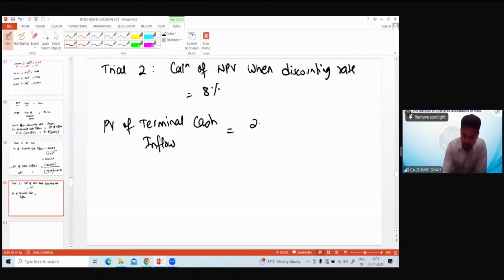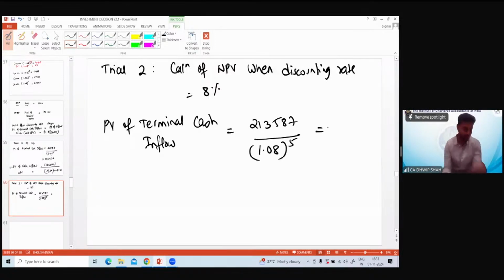Now the discounting rate is 8%. 213,587 divided by 1.08 raised to 5. How much is it? It comes to 145,364.